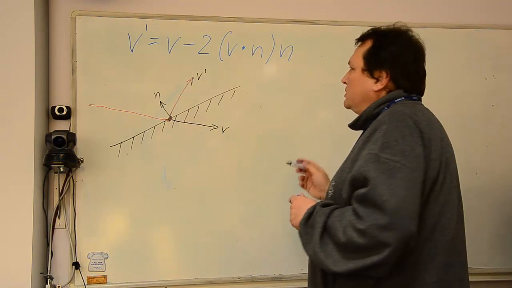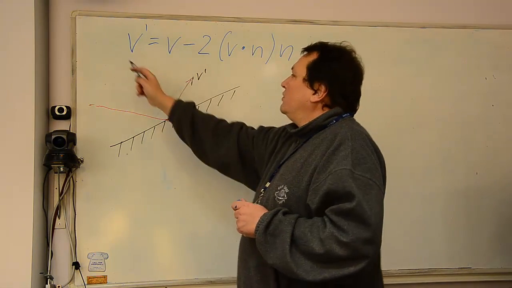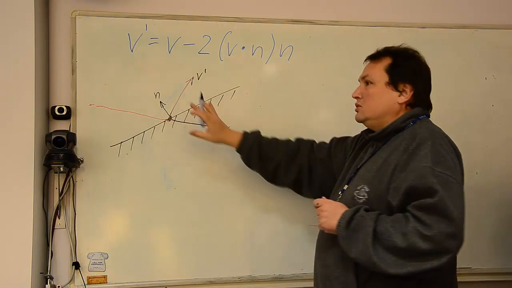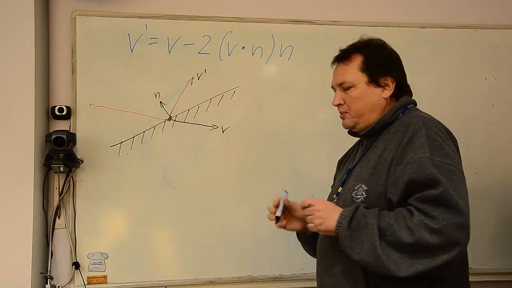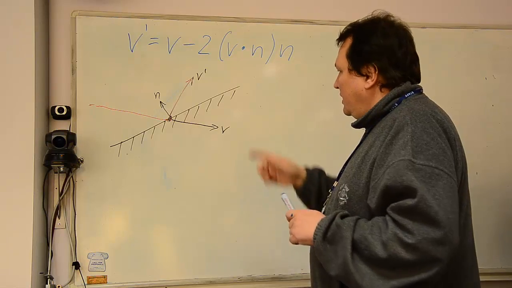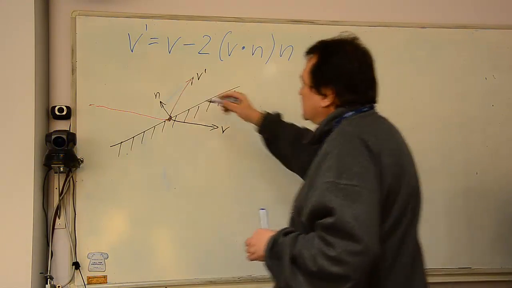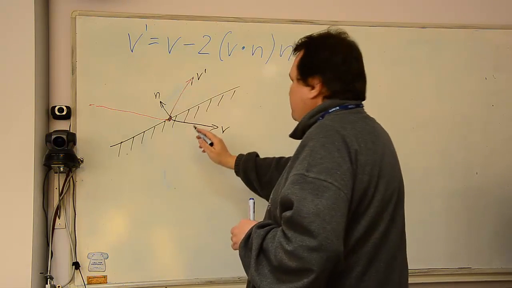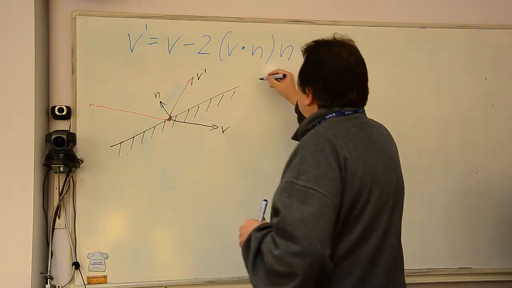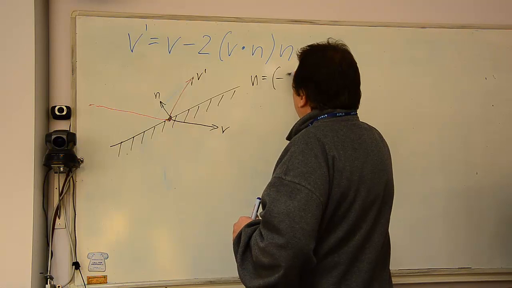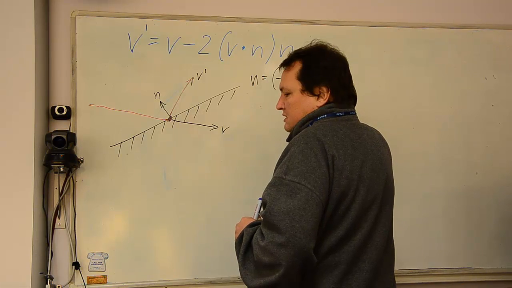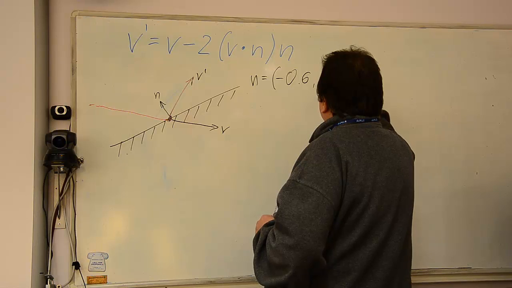So we will apply this formula to a particular problem presented here. To make it more practical, let's assume that this normal n is (-0.6, 0.8).